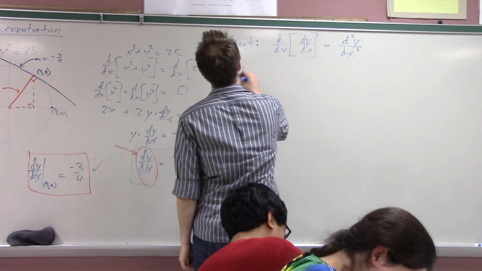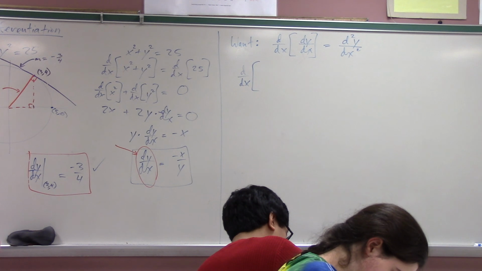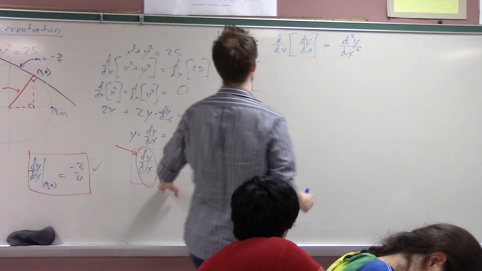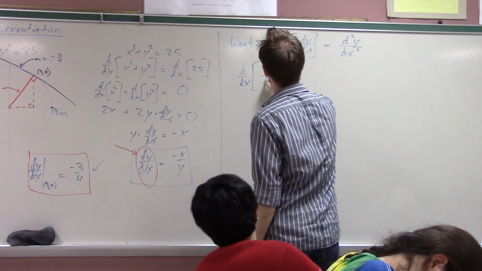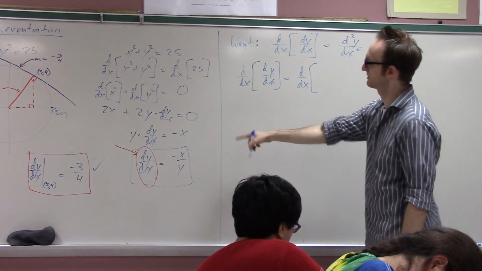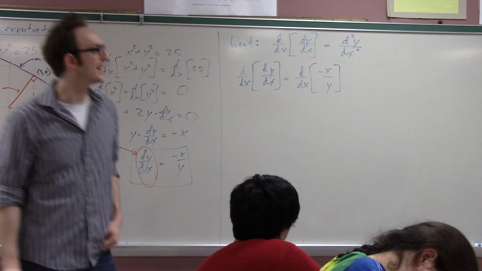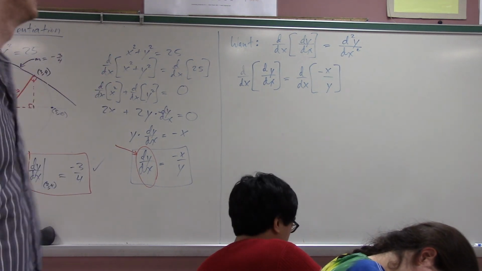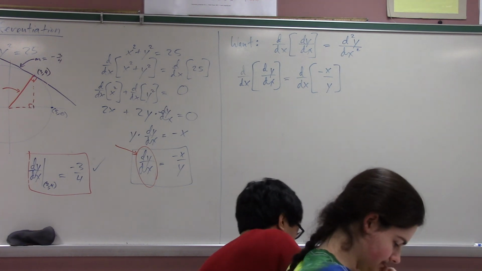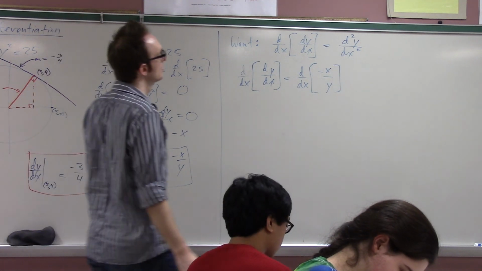Okay, so let's do it. Let's differentiate dy/dx with respect to x. Fortunately, I already know what dy/dx is. It's this. So the derivative with respect to x of dy/dx is just the derivative with respect to x of negative x over y. How can we do that? We use the quotient rule.